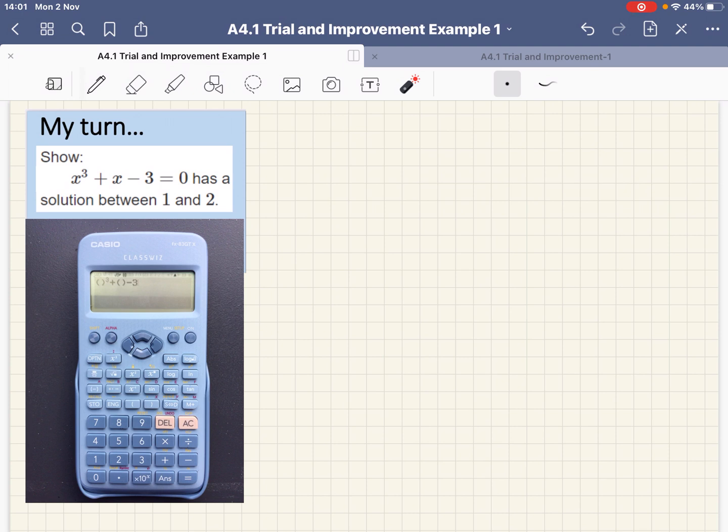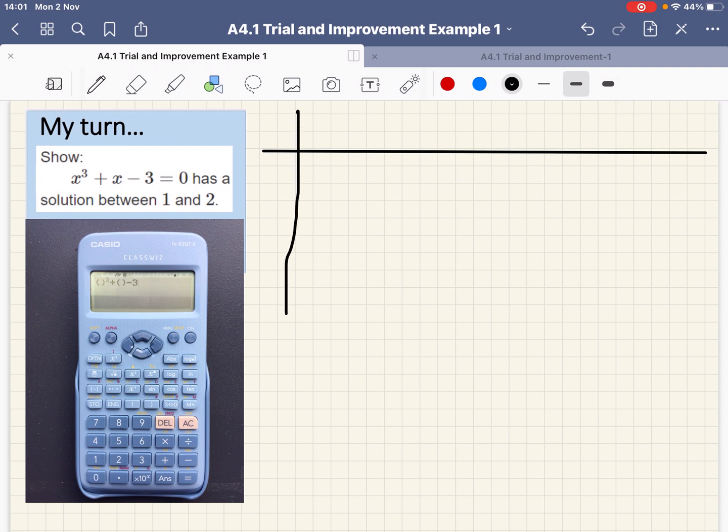Now, a good first step for these questions is to draw yourself a little table to do your workings out. So we're going to have one solid line at the top. We're going to have 3 columns, one small each side, and then we are going to fill that with the values that are given to us.